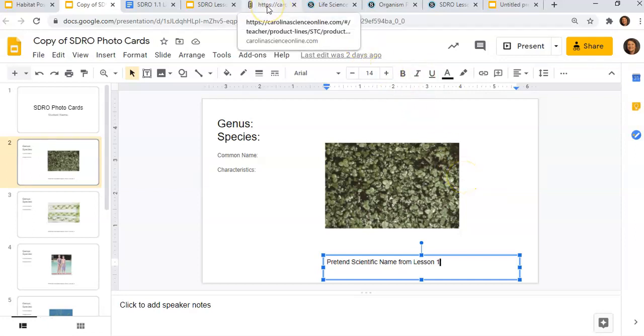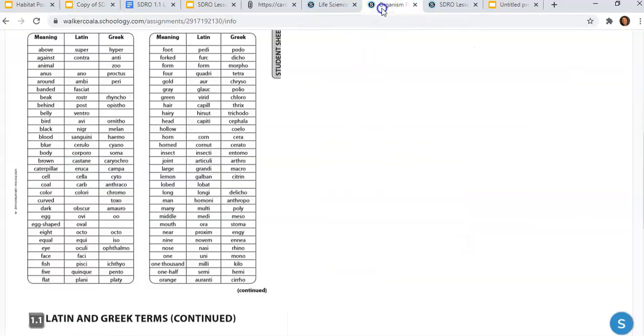Okay, so you're going to go through all of those photo cards and give them each a pretend scientific name. Remember our first step earlier, we wrote down characteristics about them. The second step would be to make a pretend scientific name, which includes both a genus and a species. Okay, let's go back to our list. Here's another rule I want you to try to follow.